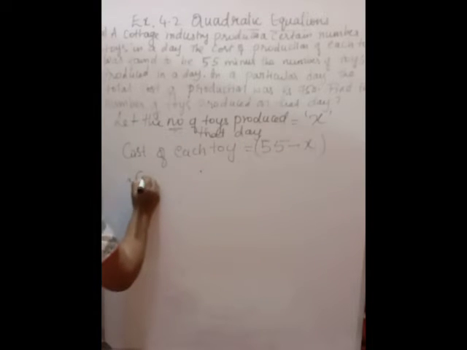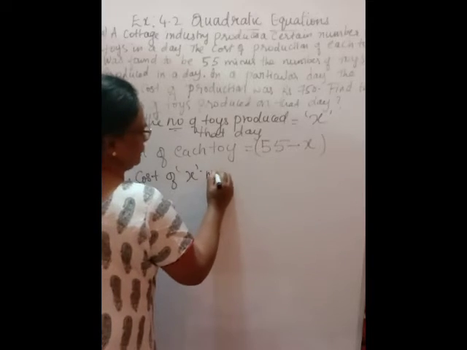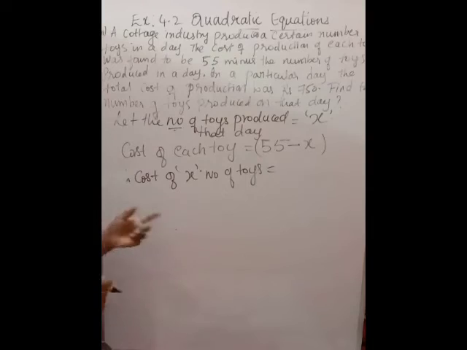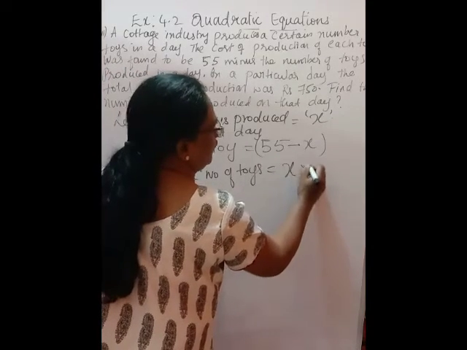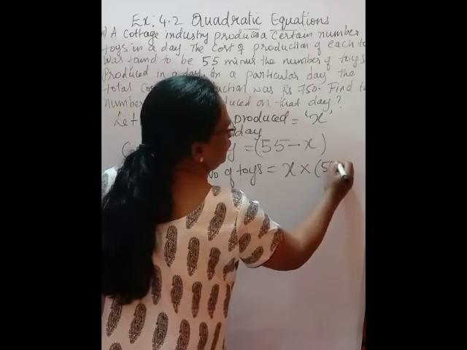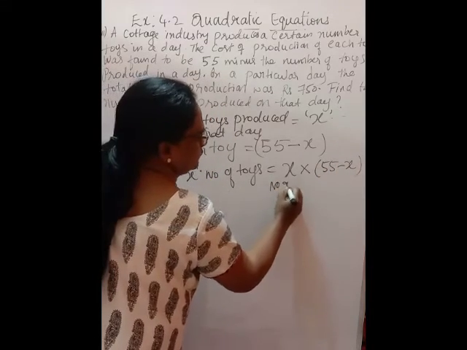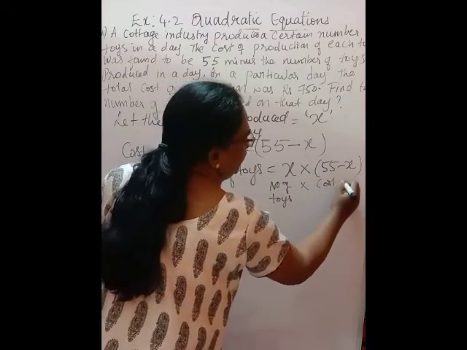Therefore, the cost of X number of toys, because they have manufactured X toys, is equal to number of toys into cost of each toy.